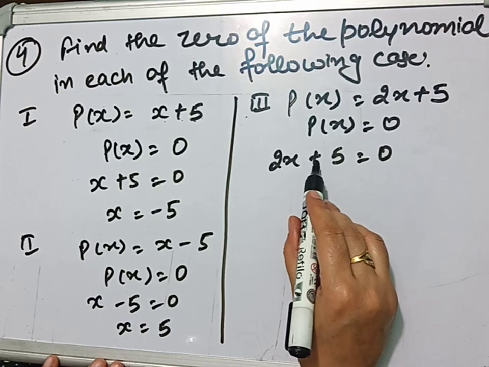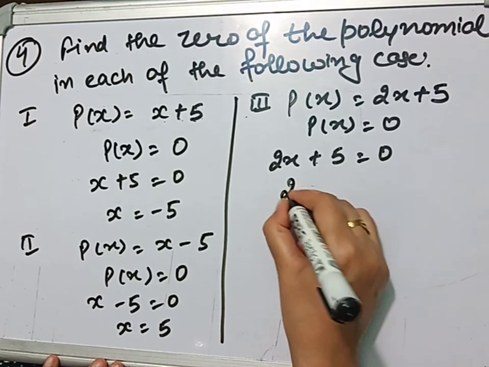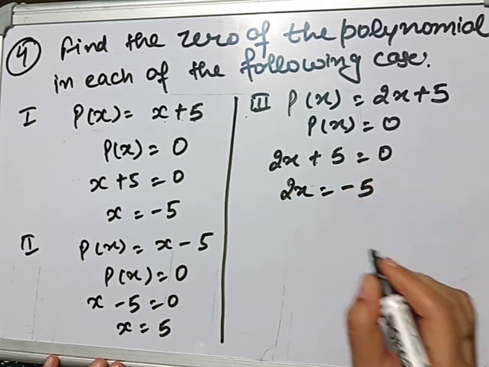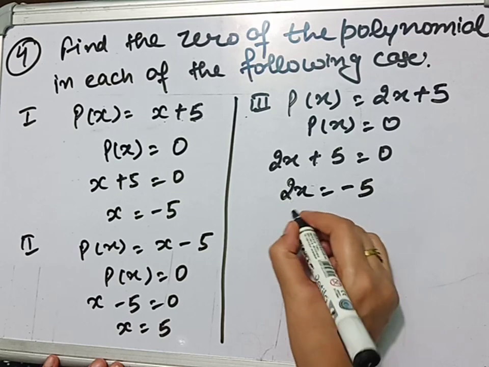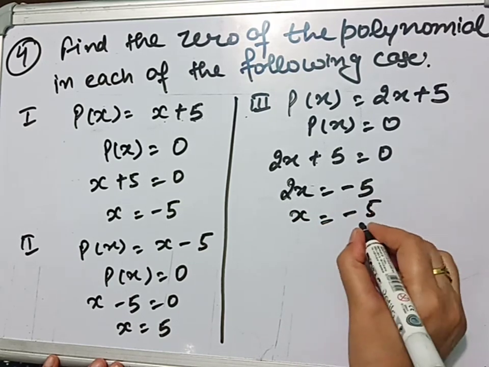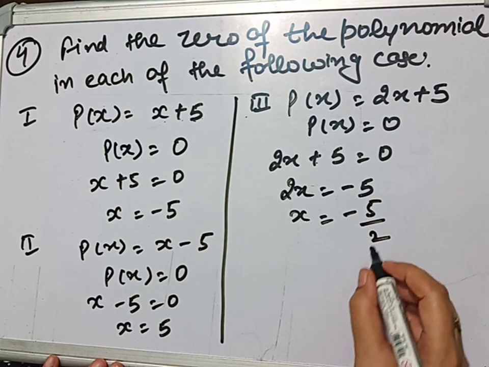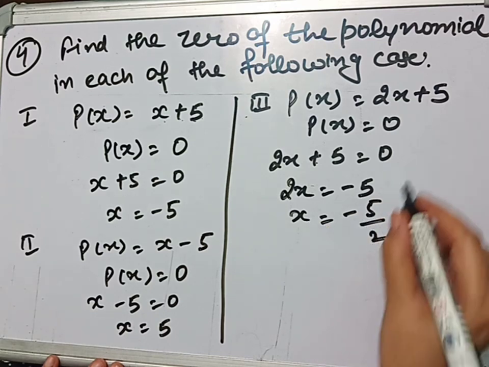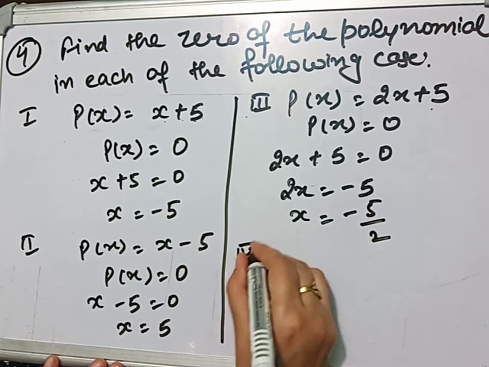Firstly, shift plus 5 to the right hand side, that is minus 5. Now 2 is multiplied here and on the right hand side it will be divided. Now x is equal to minus 5 by 2 is 0 of the given polynomial.